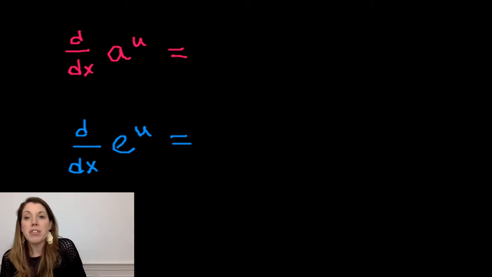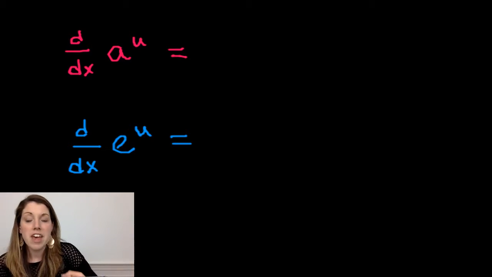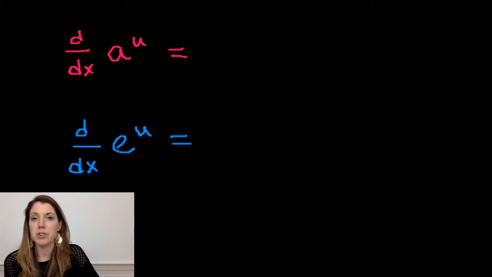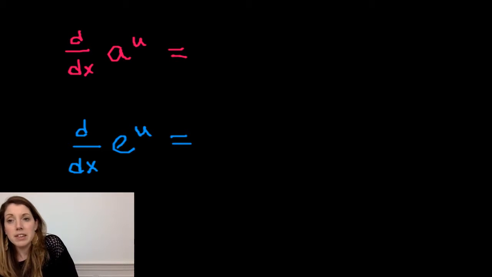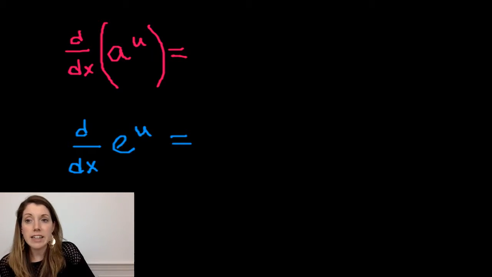And then after we talk about that, we'll look at e to the u and see how that actually is an especially awesome function. And I alluded to this at one point in class, but we'll talk about it again today. So to get started, let's talk about the formula that we would use to derive any, and this actually works for even an e to the x or an e to the u type of function.